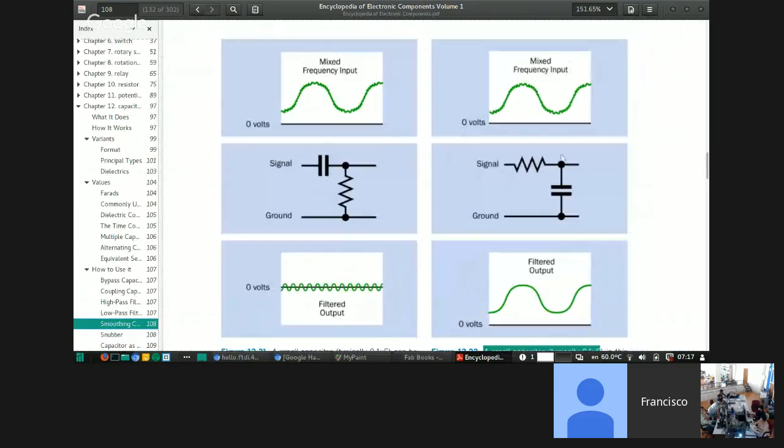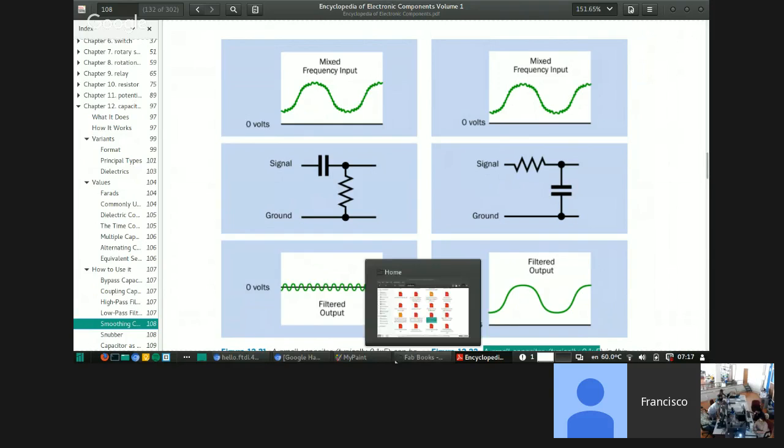Yeah, I mean, this is the reset pin. So the signal, this is the 5 volts. Now this signal is the 5 volt.